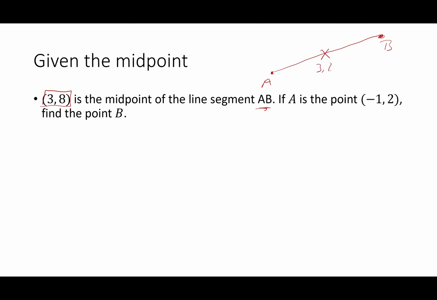So 3, 8 is here. If A is the point -1, 2, find the point B. So we don't know what B is. Now we could use the formula, all right, but there is a much easier way, and I'd rather do the easier way.